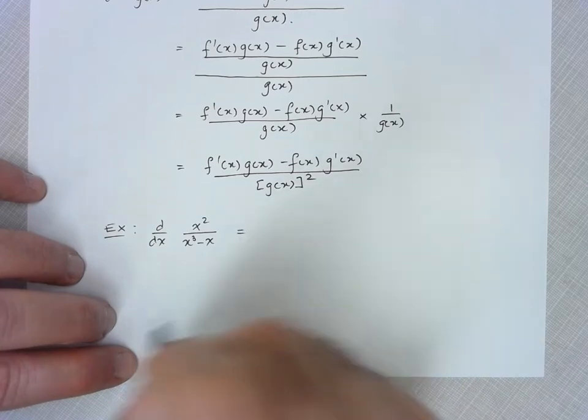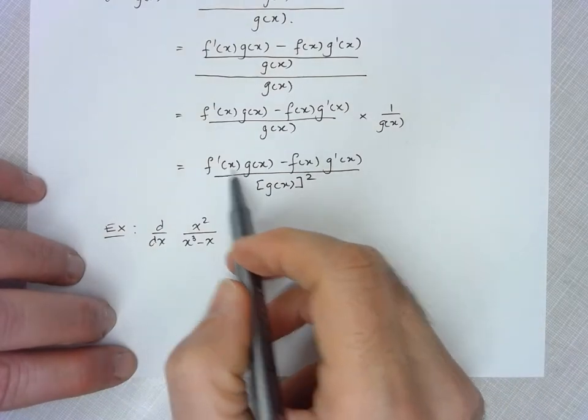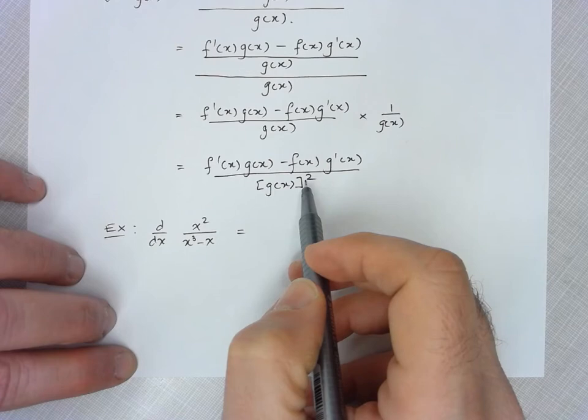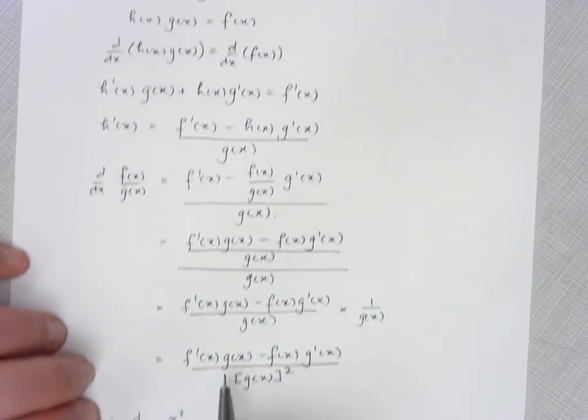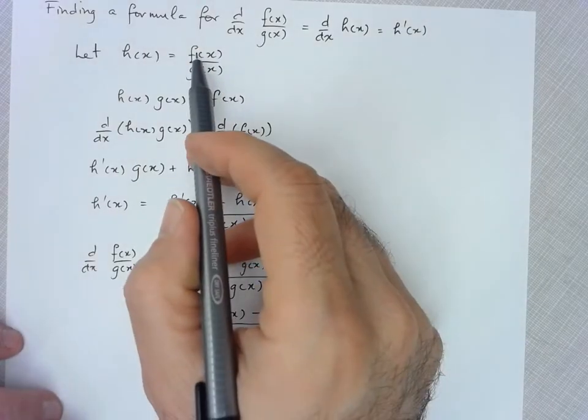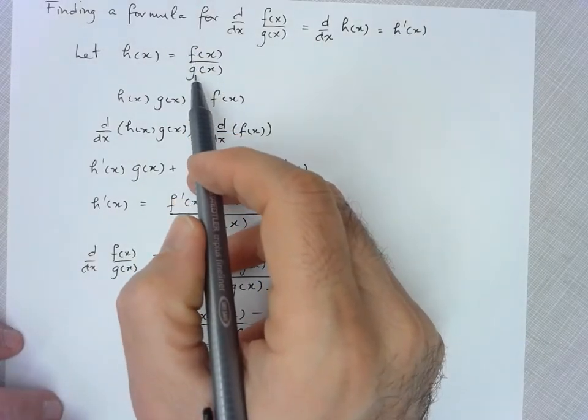So let's follow this. What does the formula say? First, I have to take the derivative of f, but think of f as representing the numerator of this function, and g is the denominator.